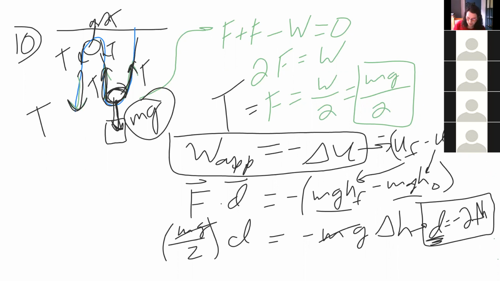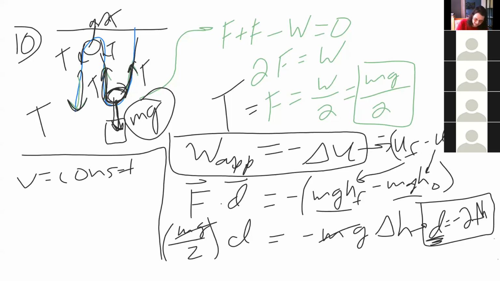Cool. The last two parts are going to ask you to find the work done by your force and by the gravitational force. You could get through this conceptually if you want. There's going to be a relationship between these two works. One observation that I'll make is that since the speed is constant, the change in the kinetic energy is zero.